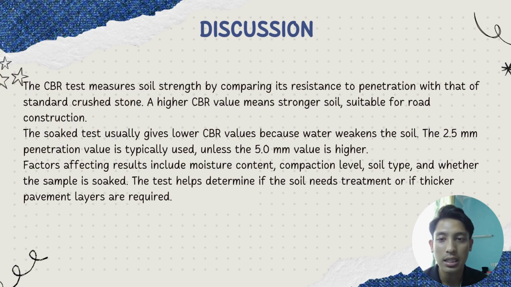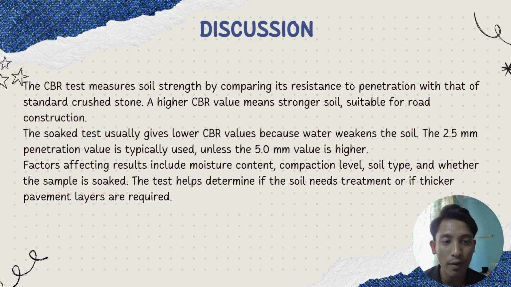Okay, lastly the discussion. The CBR test measures soil strength by comparing its resistance to penetration with that of standard crushed stone. A higher CBR value means strong soil suitable for road construction. The soaked test usually gives a lower CBR value because of water in the soil.